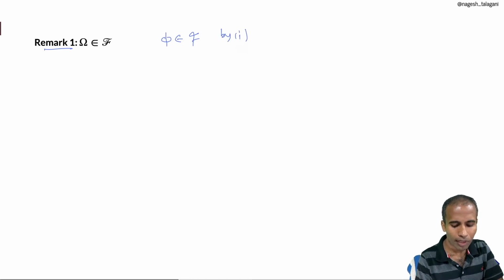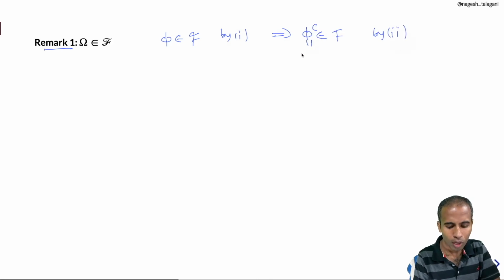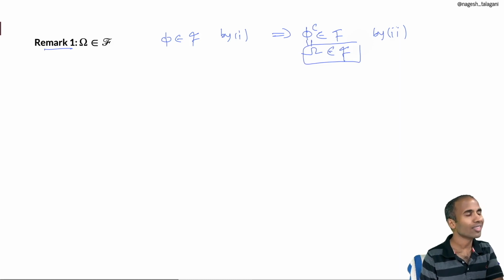But if the empty subset is there, its complement also must be there by condition 2. But what is the complement of the empty subset? All of omega, right? That's why omega will always be in the sigma field. So this is remark 1.